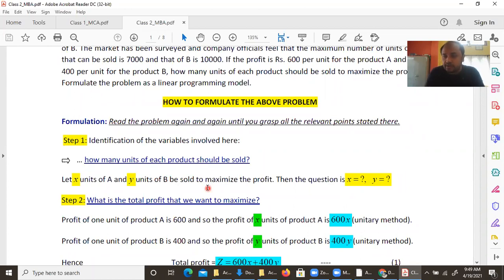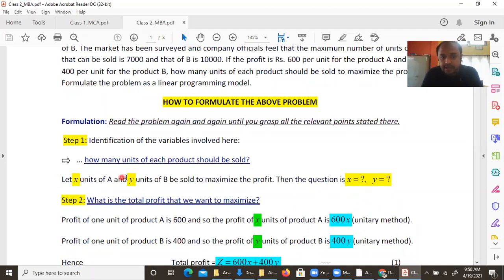According to the question, we're supposed to find how many x's there are and how many y's there are. So first of all, you have to consider the variables X and Y for the different quantities involved in the problem.